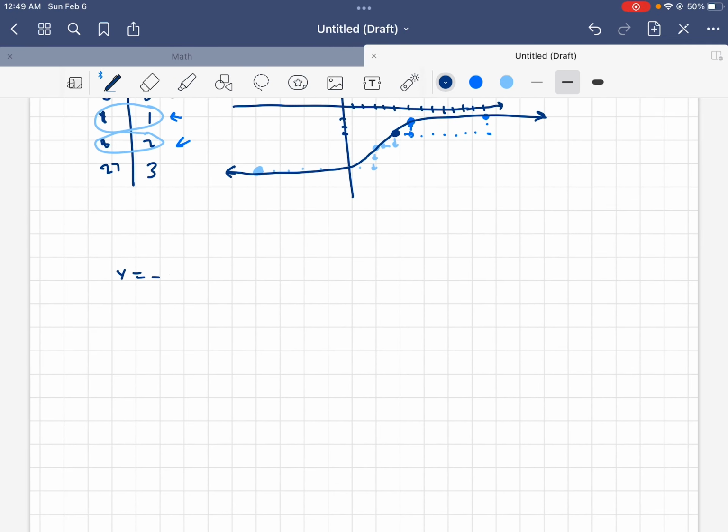y equals -3 cube root of x plus 1, plus 3. So looking at this part, we see x squared. So we can write those points. We can write our coordinates: 0, 0, 1, 1, 4, 2, 9, 3.